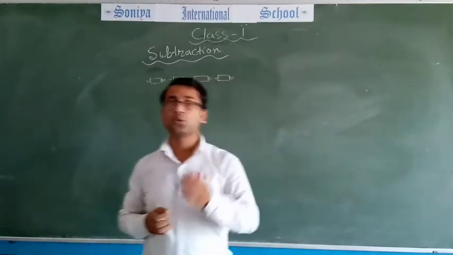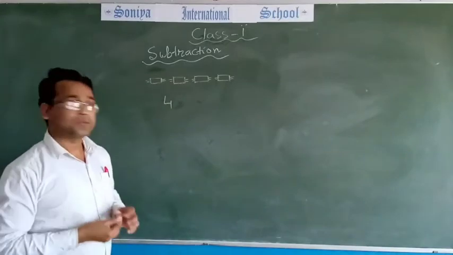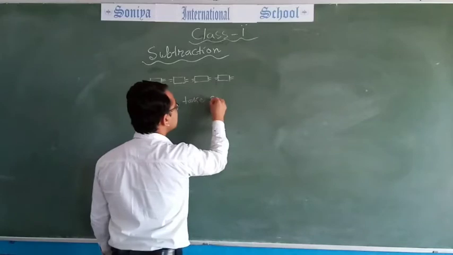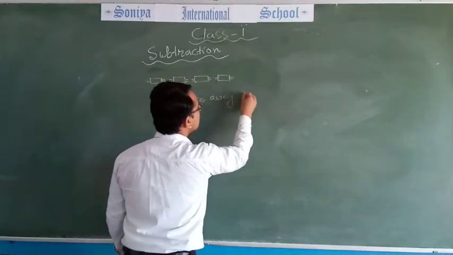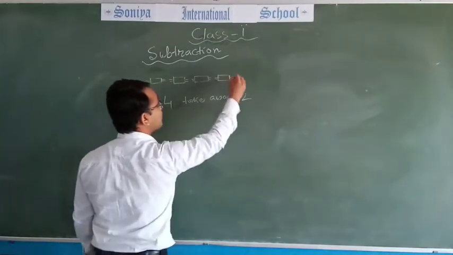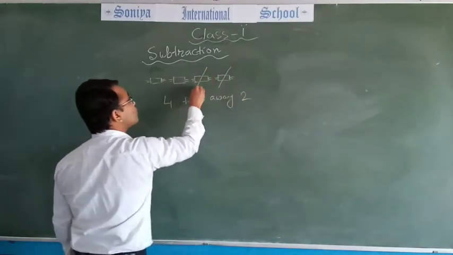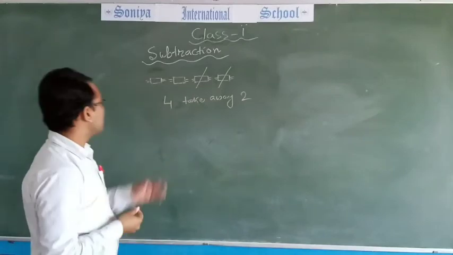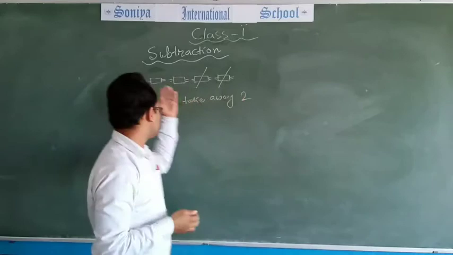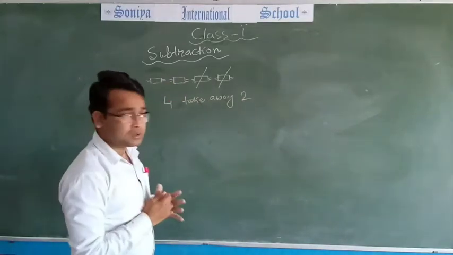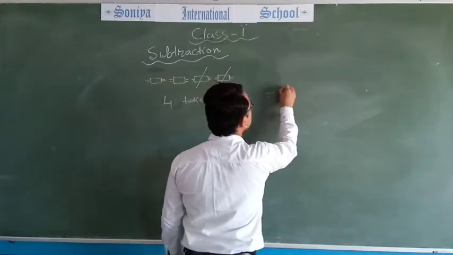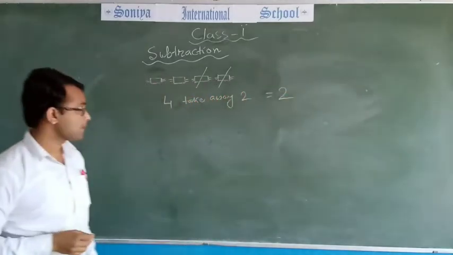Then take away 2. 1, 2. Then how many are left with me? Let's count. 1, 2. Then what is left is equal to 2.